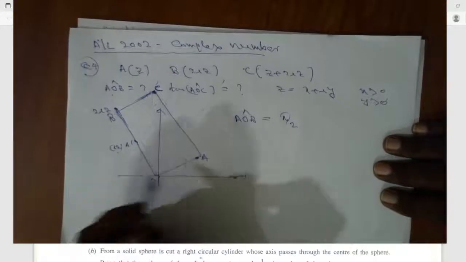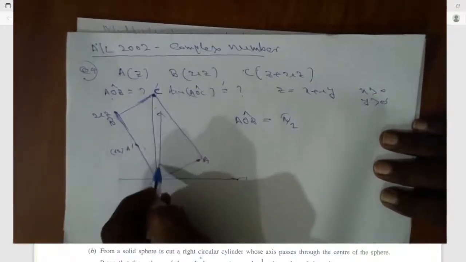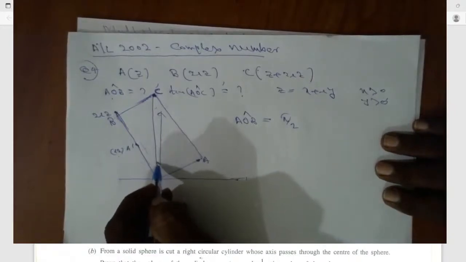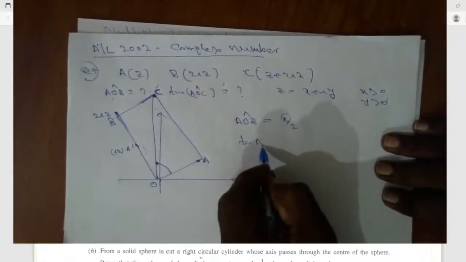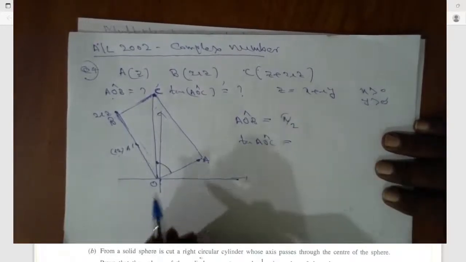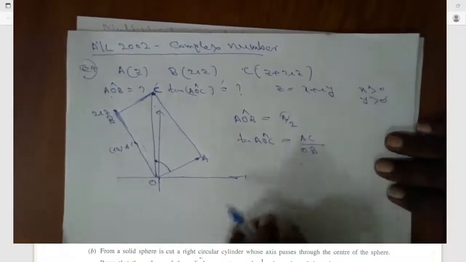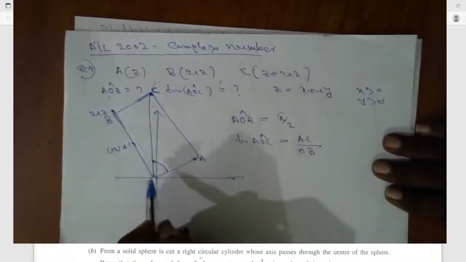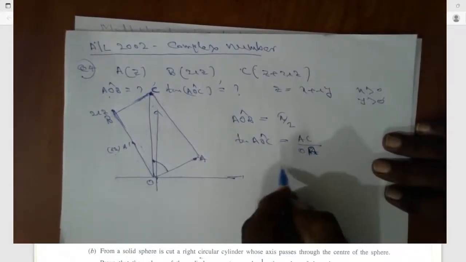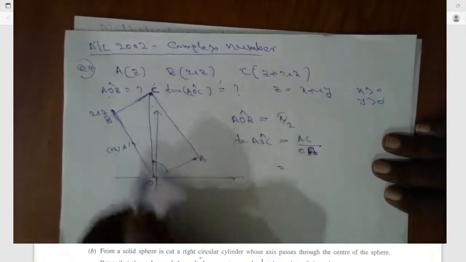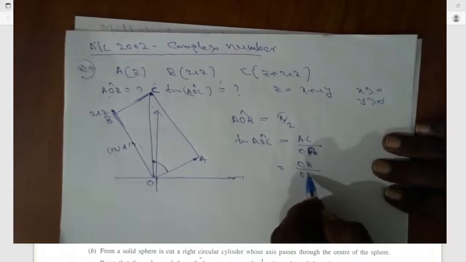What is tan AOC? Tan AOC equals AC divided by OA. But AC equals OB, no? So OB divided by OA.